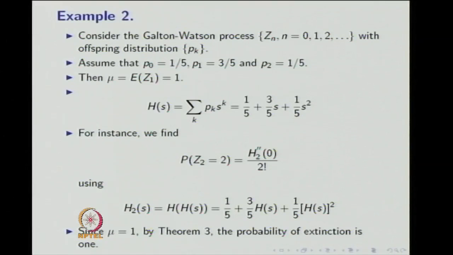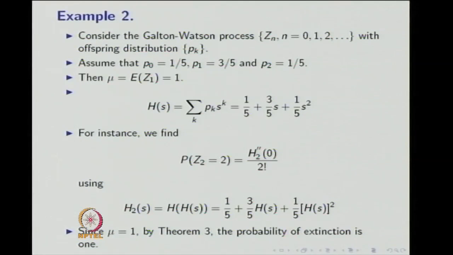We will consider the third example. Zn is the sequence of random variables which is a Galton-Watson process with the offspring distribution pk. Similar to examples 1 and 2, p0 is equal to 1 by 5, p1 is equal to 3 by 5, p2 is equal to 1 by 5.